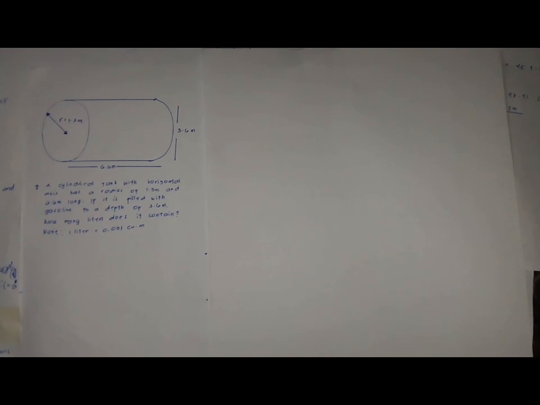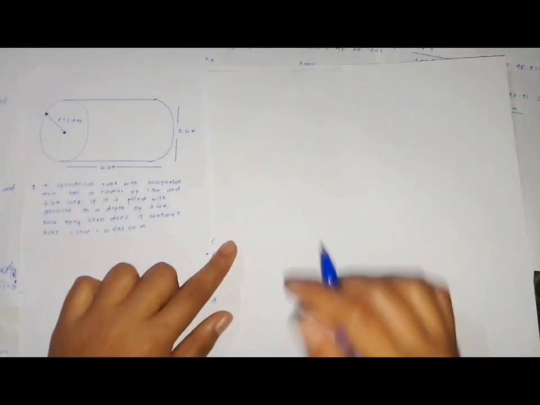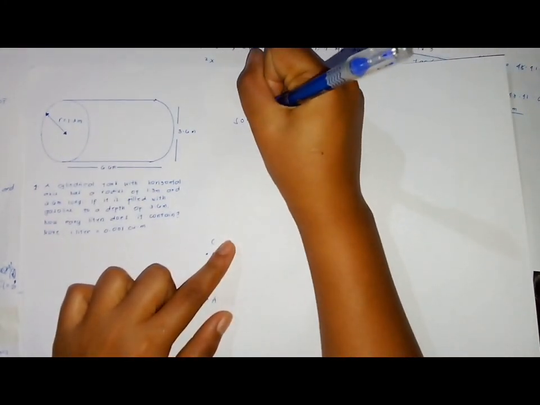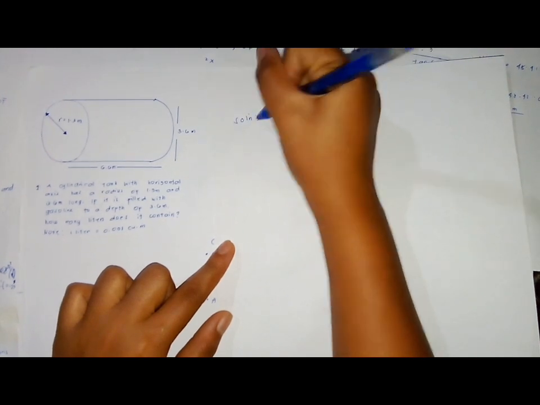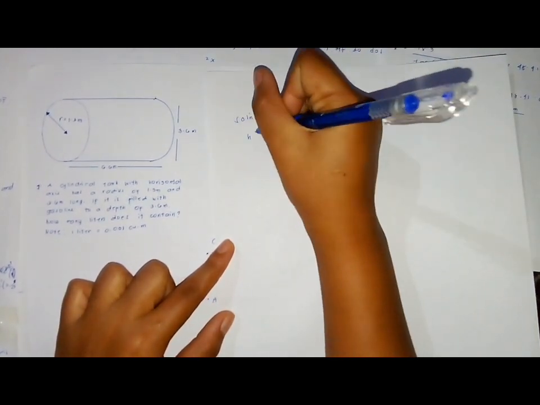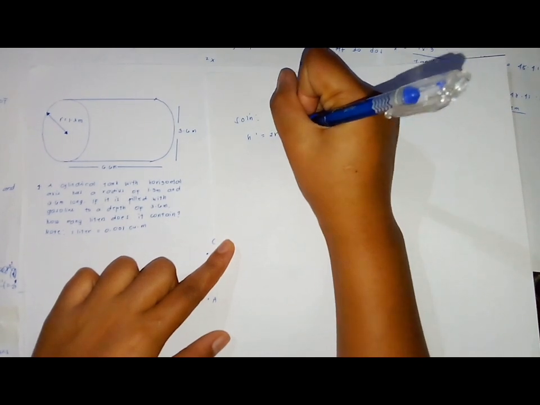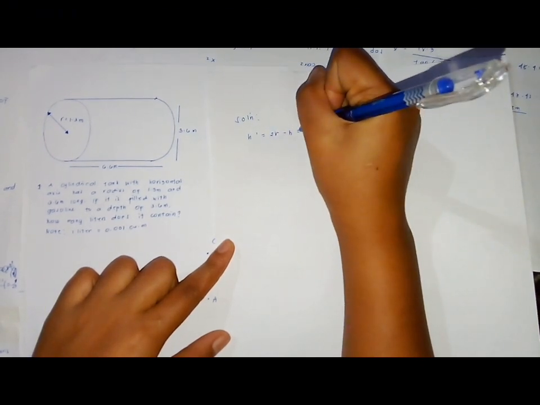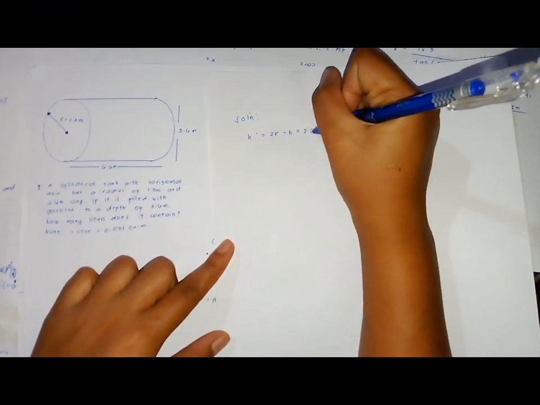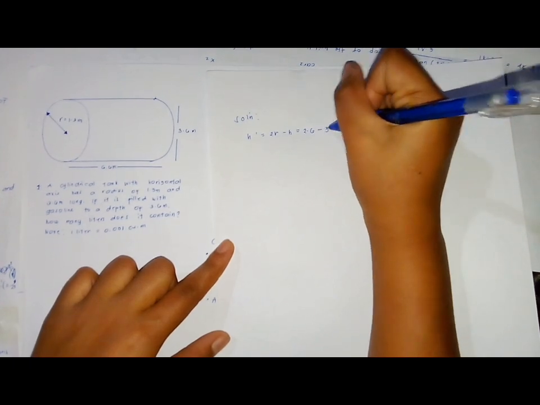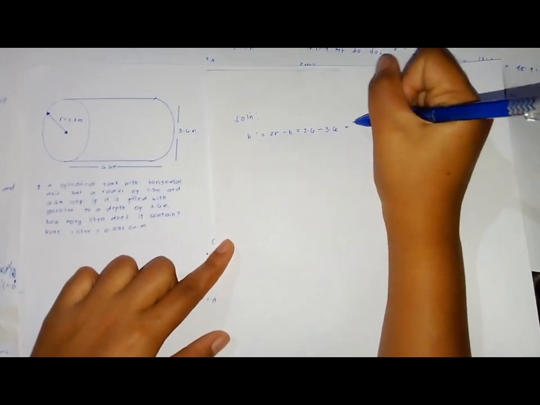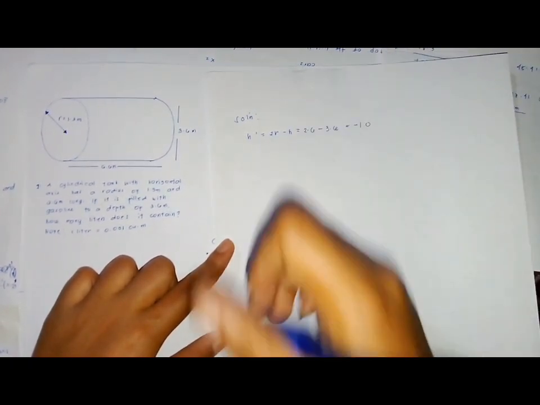Since the height is greater than the radius, we compute 2R minus H: 2.6 minus 3.6 is equal to negative 1.0.